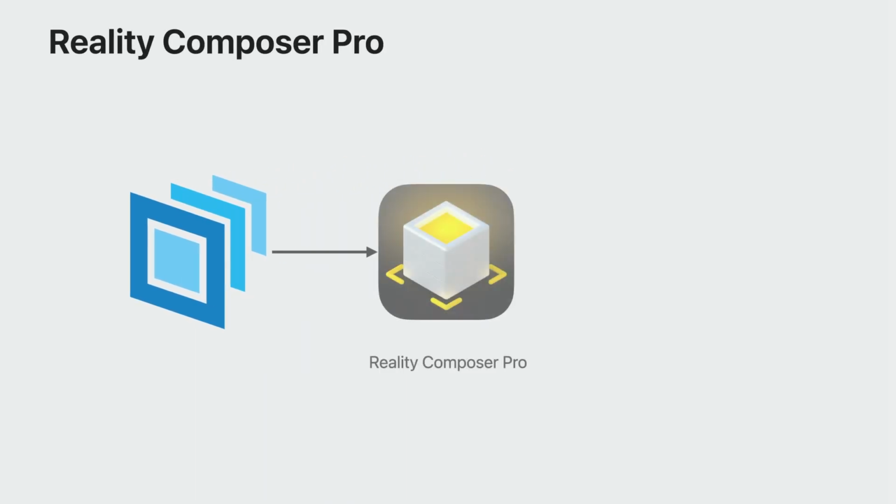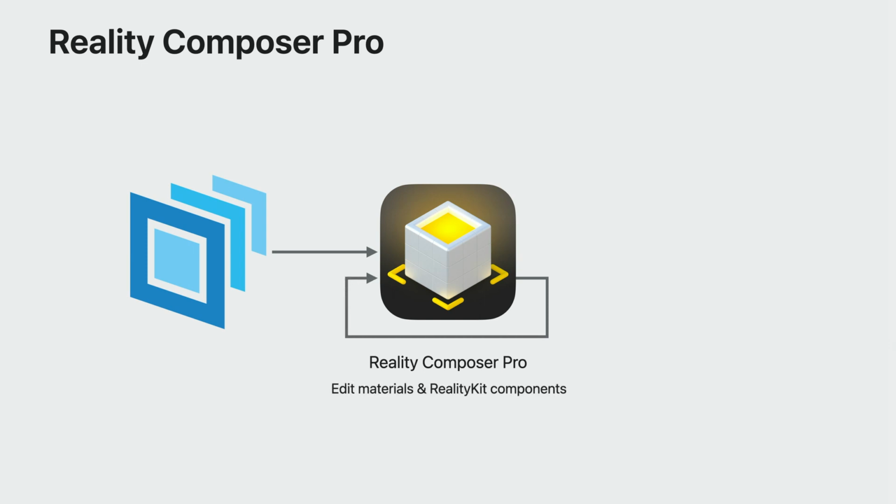With USD assets ready, you can bring them into our new developer tool, Reality Composer Pro, to compose, edit, and preview your 3D content. If you're using custom materials for your 3D content on iOS, then you will need to rebuild them using its shader graph. You also have the ability to edit your RealityKit components directly through the UI.